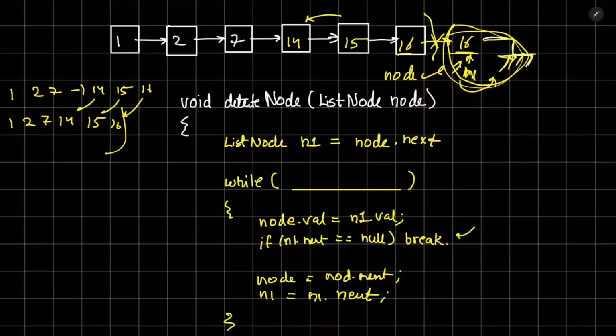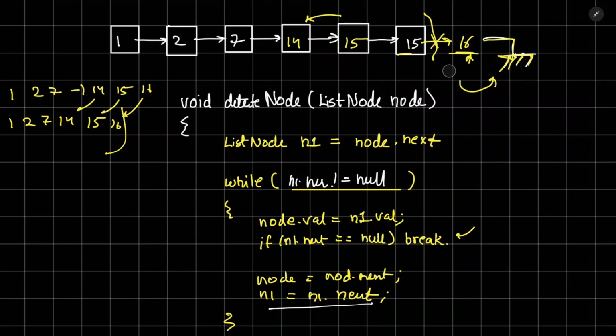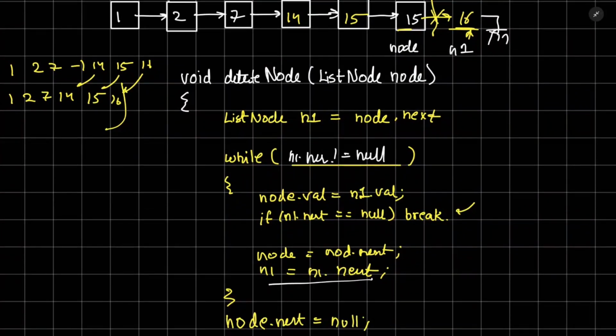And if you use this condition, what would happen is that after you move this pointer here, it was 15 here, and it was 15 copied, and our node was here. We are going in the previous iteration once. Now you moved them ahead, and now n1 comes here and node comes here. As soon as this happens, your n1 dot next is null, so you will break from the loop.